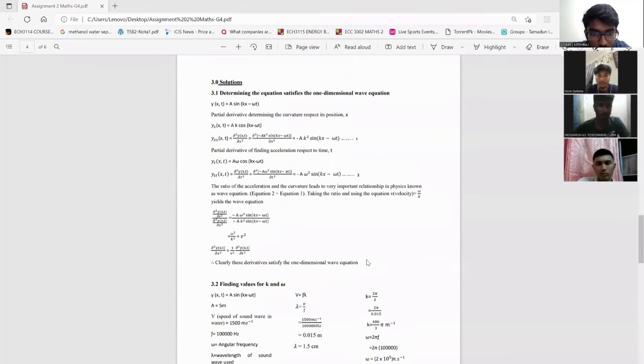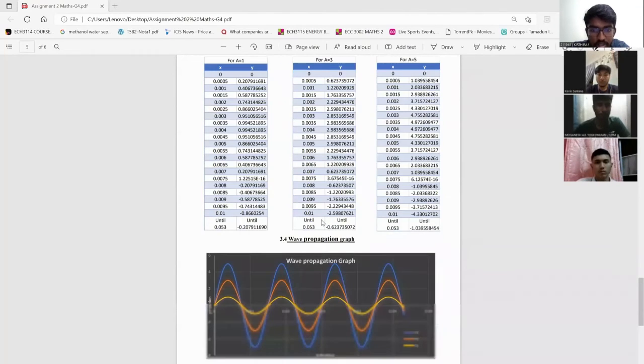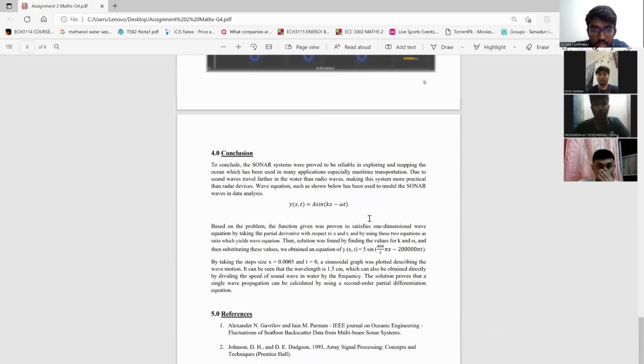There are a few parts, if I'm not mistaken, like equation 2 and 1; I think something's wrong with that, and I forgot to mention it. I also understand that in the conclusion, I forgot to change the data. It seems that I forgot to use the A equals 135 value.